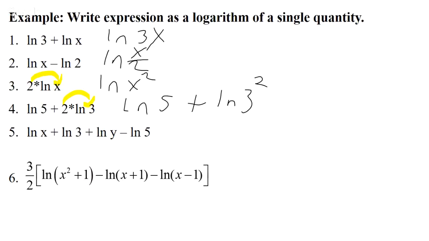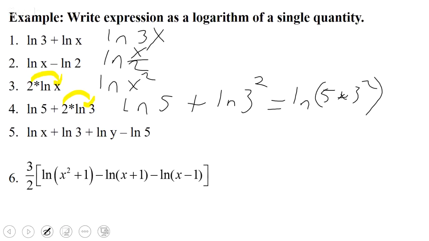So that's going to be ln of 5 times 3 squared. Well, now I could just do the arithmetic here. 3 squared is 9. 9 times 5 is 45. So that really gives me ln of 45.